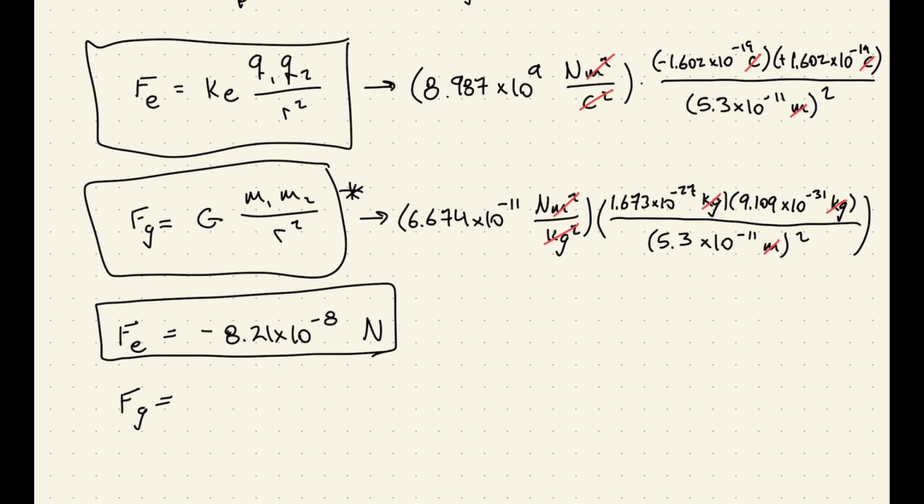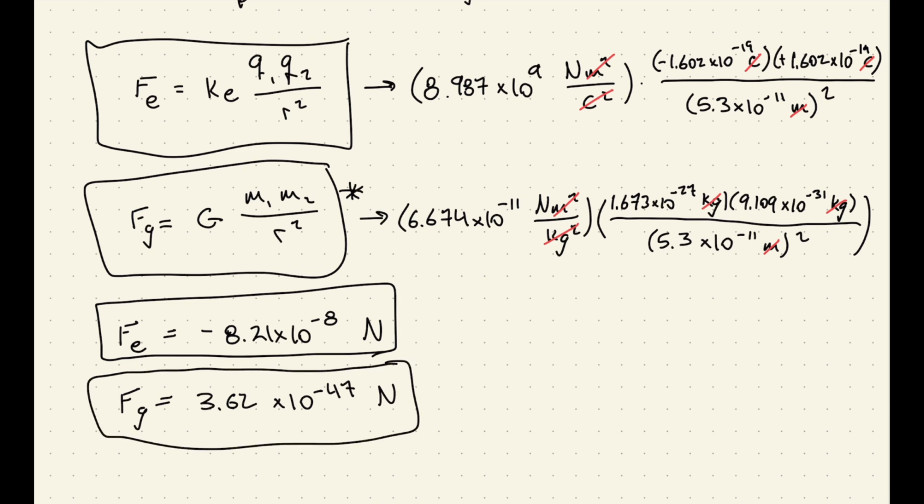My bad, y'all. 9.109 times 10 to the negative 31. Close bracket divided by open bracket 5.3 times 10 to the negative 11. Close bracket, square, boom. Oh man. 3.6... whoops, that is not a 6. 3.62 times 10 to the negative 47 newtons.